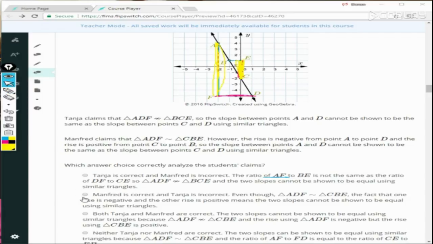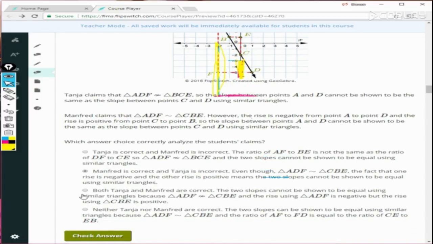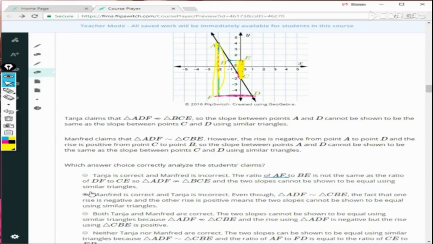Okay, so then let's read the next one. Manfred is correct and Tangent is incorrect. Even though triangle ADF is similar to triangle CBE, the fact that one rises negative and the other rises positive means the two slopes cannot be shown to be equal using similar triangles. We had talked about that earlier. She was not reading the graph correctly from left to right.